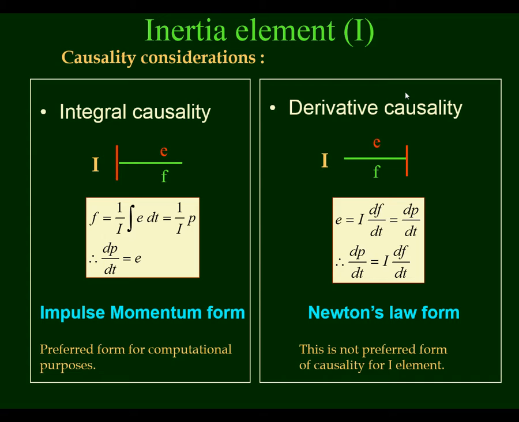And this element will store kinetic energy as opposed to the C element that stores potential energy. The two equations that are possible for this element are written there on the left hand side. In this case, the flow is the output, and on the right hand side the effort is the output.